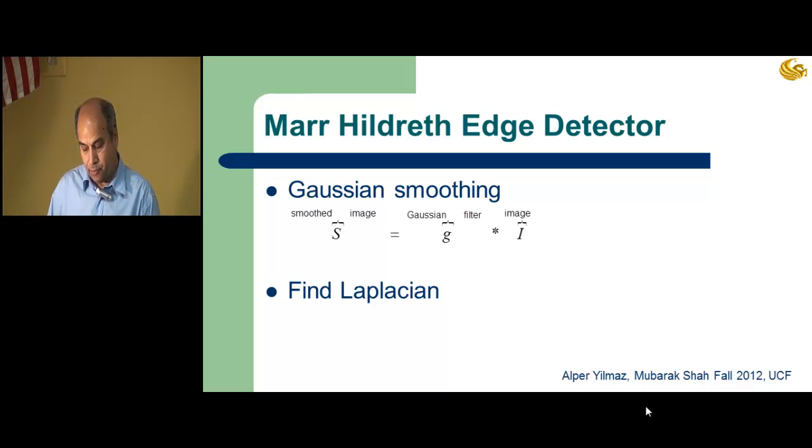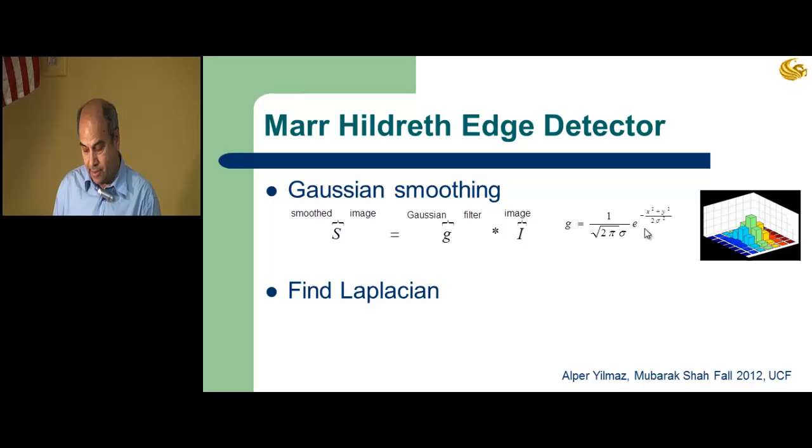The smoothing is again this convolution operation where I is an image, Gaussian is a filter, we convolve or apply a mask, we get S, and this is the equation of a Gaussian as you have been looking at. And this is a plot of it in 2D.